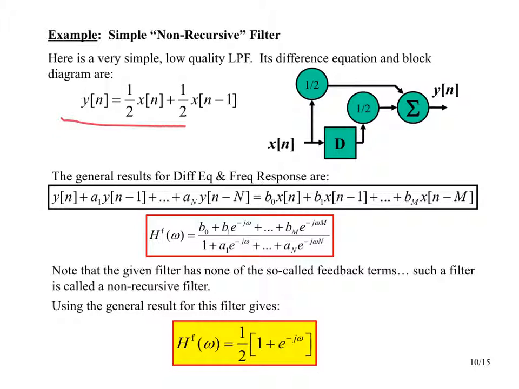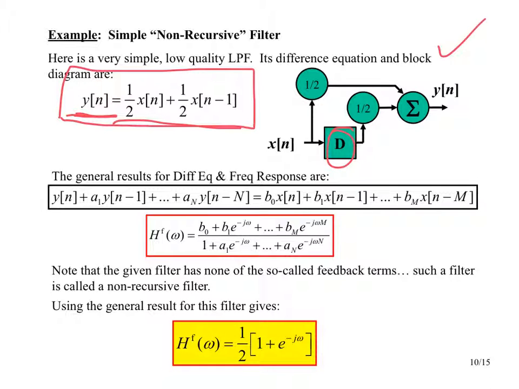So here's the difference equation, and the first thing you notice is that there's only one term that involves the output. So we don't see any feedback terms, we see only feed forward. So if we go to our direct form type 2, we can draw the block diagram like this. Here I've used the symbol D to represent the delay.